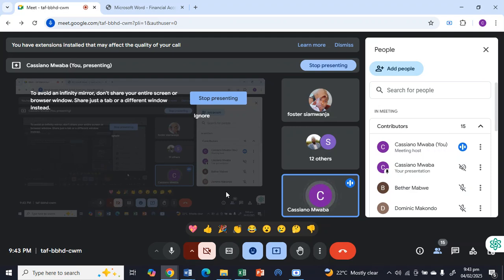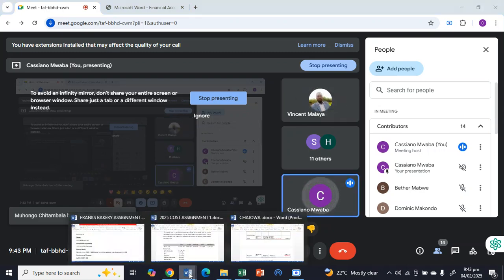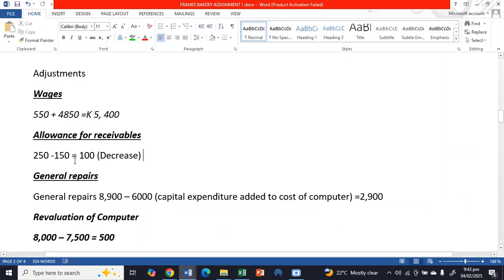So first, we have to do that revaluation. Then we get the total. We deducted from 8,900. Remember, general repairs included this 6,000, so we're removing it.